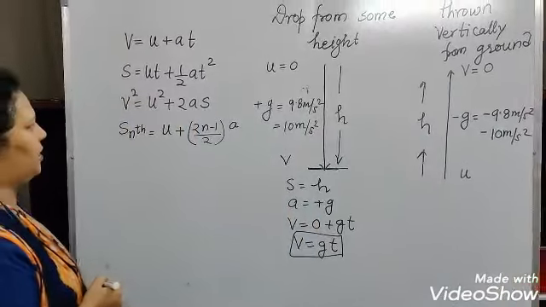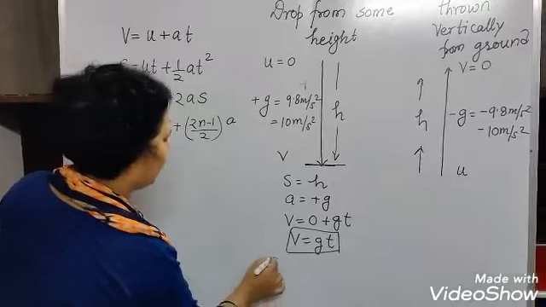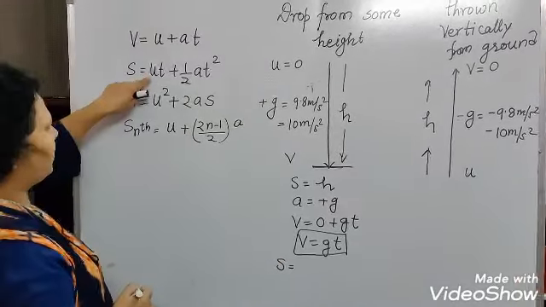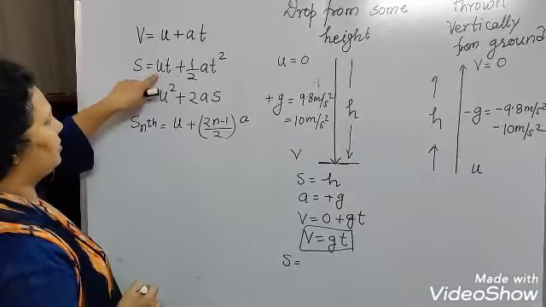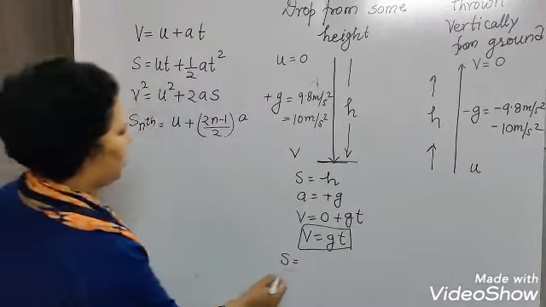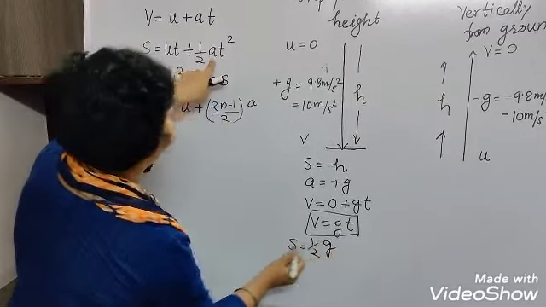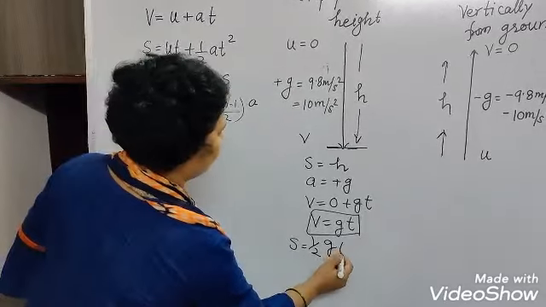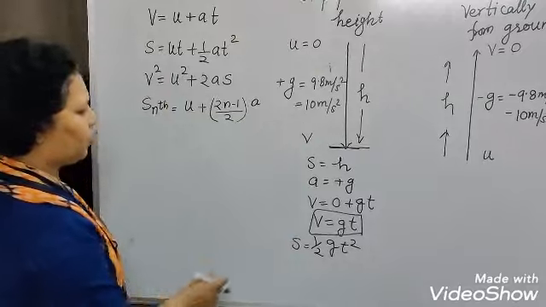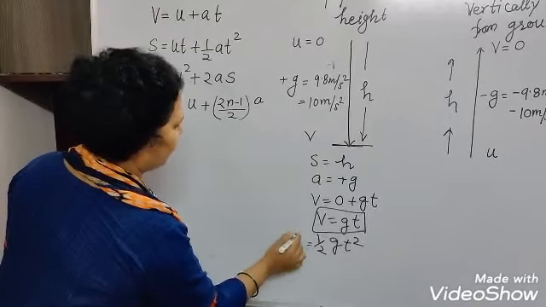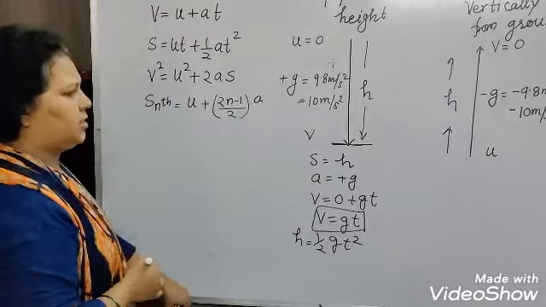Okay, first equation. Second equation, that is s, because u is 0 here, so this term will be 0, and it is half, in place of a we write g, and this is t square. In place of s we can write h, because this is the vertical distance.